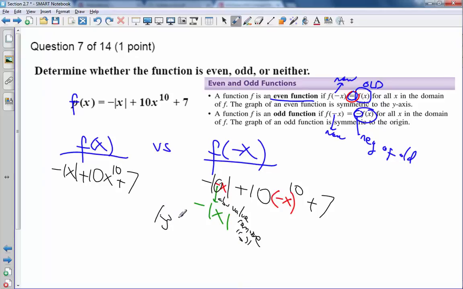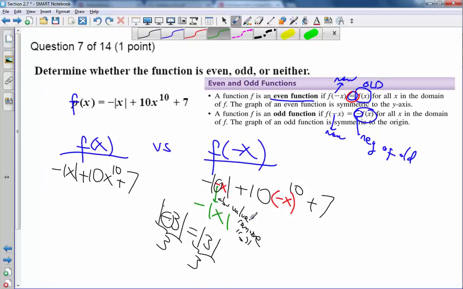Negative 3 is the same as just positive 3? Right? Negative 3 and positive 3 are both the same answer because this is 3 and this is 3. You can ignore the negative signs under absolute value. So negative absolute x, absolute negative x, and absolute positive x are the same. So that part is taken care of.